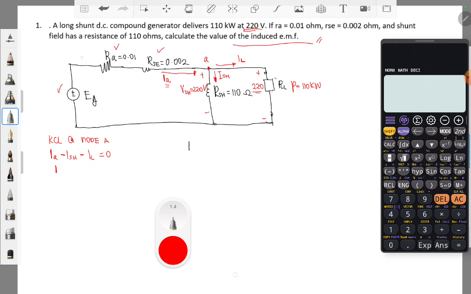So from here we may solve for our IA, which is equal to ISH plus IL.